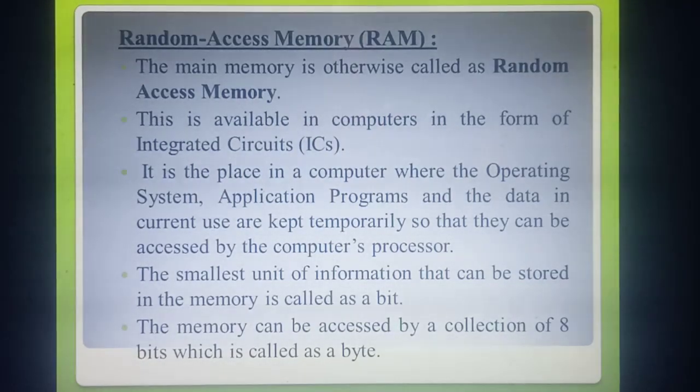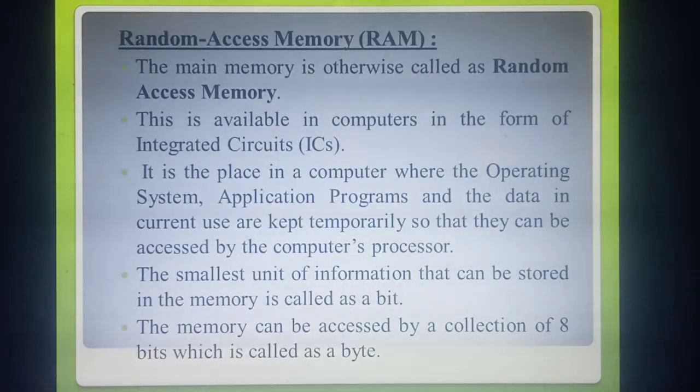So what's the use of this RAM? What are the things normally stored inside the RAM? Listen, third point: operating system, application, program, data. If you are on the computer and using something, what are the data you are using currently, including the operating system, application and programs, will be stored where?